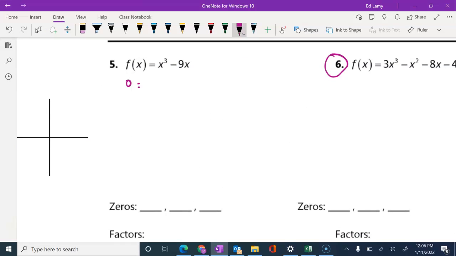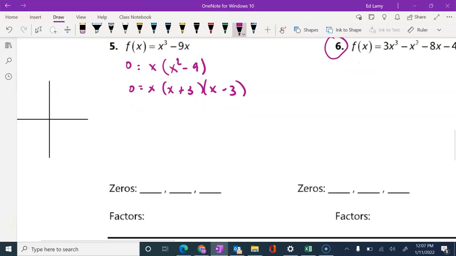Once again, number 5, it looks like they have a common factor of x, which leaves behind x squared minus 9. The x squared minus 9 factors as x plus 3, x minus 3. So that's factored.